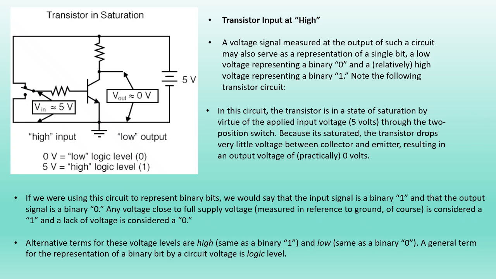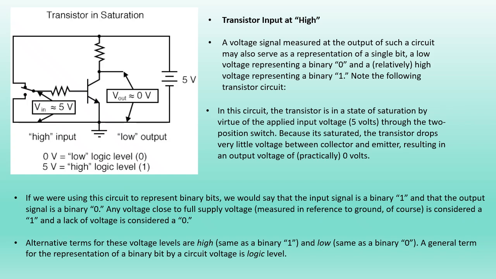A low voltage will be considered a 0 for input, and the high input voltage, the highest voltage in the circuit, will be represented as binary 1, which causes the transistor to saturate.